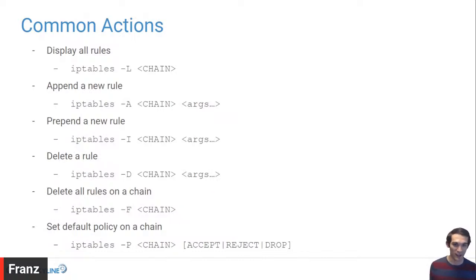If you flush your chain but you did not update your default policy, if the way that you're updating this is not locally, but through an SSH connection, you'll actually kill your own SSH connection and you'll lock yourself out of your machine. So you got to be really careful about that.